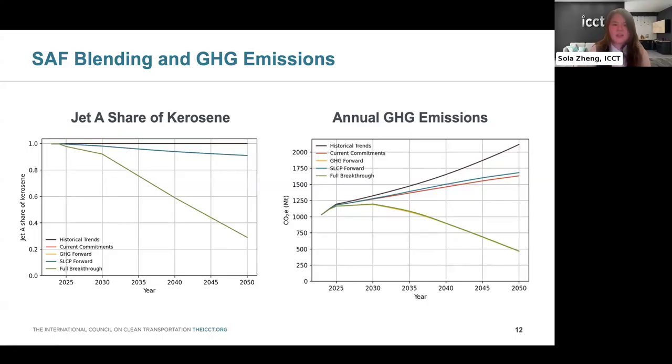And this is giving us the basis of evaluating how non-CO2 mitigations can help to bridge the gap towards a well below 2 degree compatible pathway.